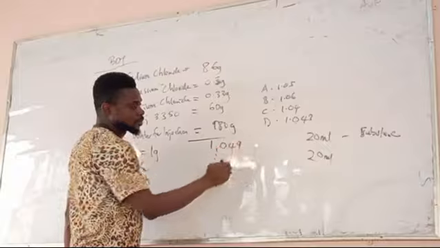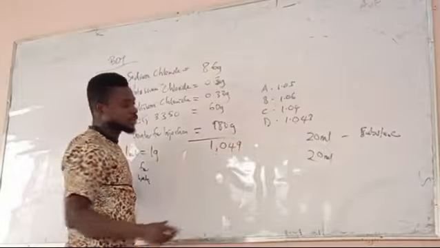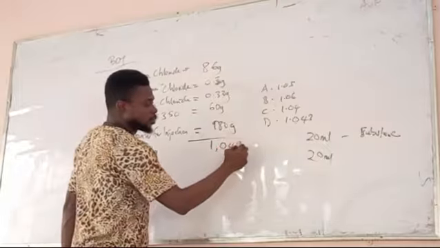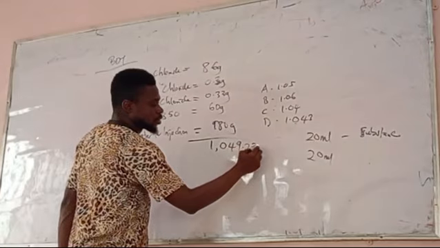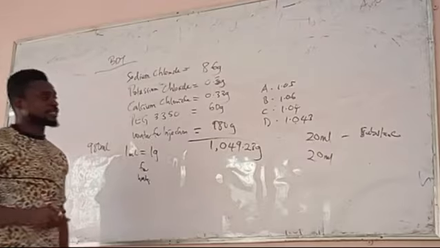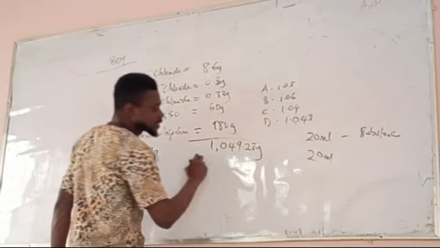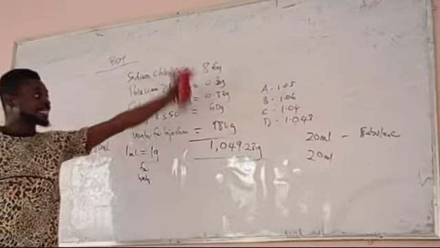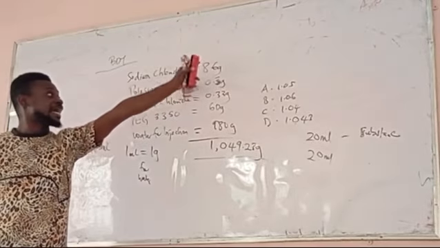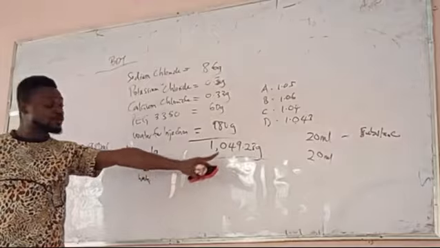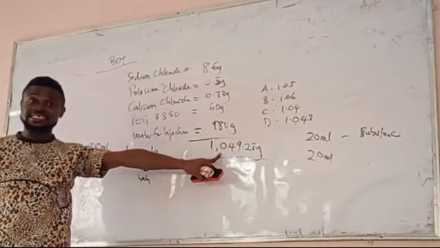The total is 1,049.23 gram. This is the weight of the entire Ringer's irrigation.